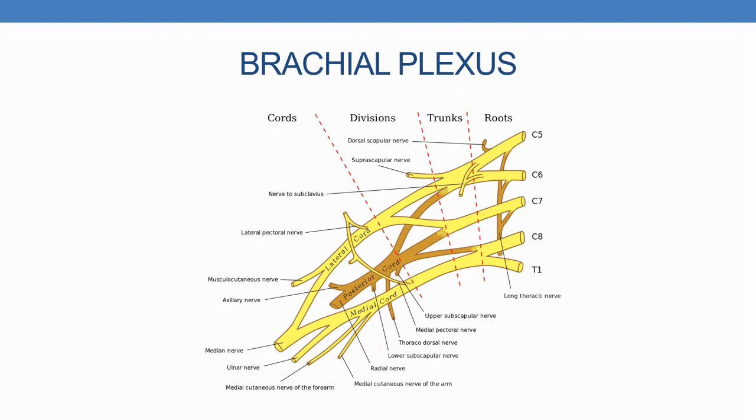That becomes the middle trunk. The nerve roots of C8 and T1 join, and they form the inferior trunk. So 5 nerve roots, not counting C4 and T2, give us 3 trunks: a superior, a middle, and an inferior trunk.